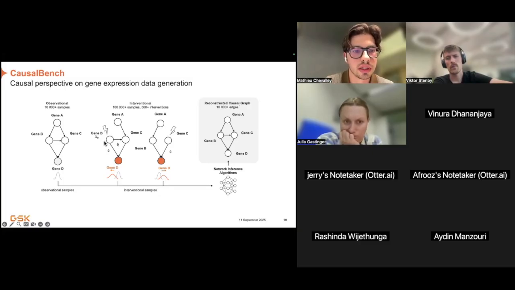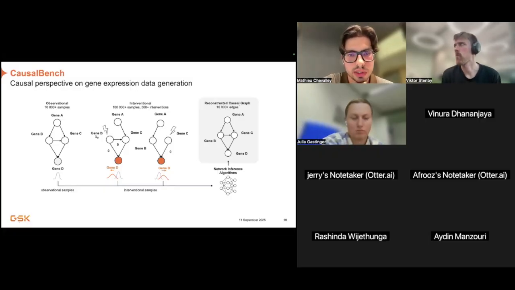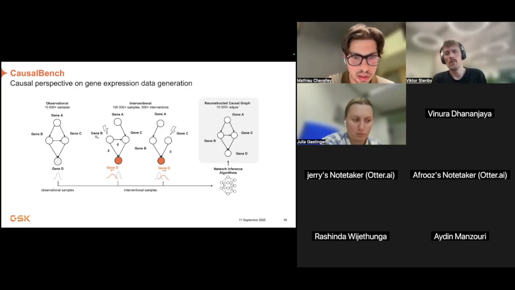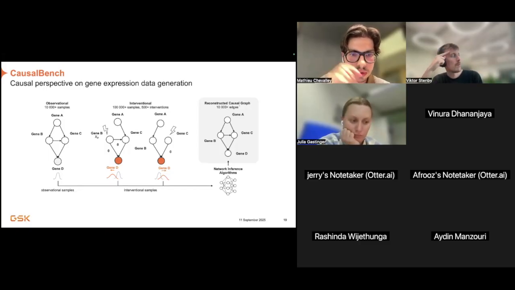So here you intervene on gene B, and then you see the effect or which genes are affected. So if the graph is true, you would see that gene D changes in distribution, same with, for example, gene C, etc. And on the other hand, if you intervene on gene D, you would not observe an effect on the other genes. So now the goal is, given just the sample data, try to recover this underlying causal graph.